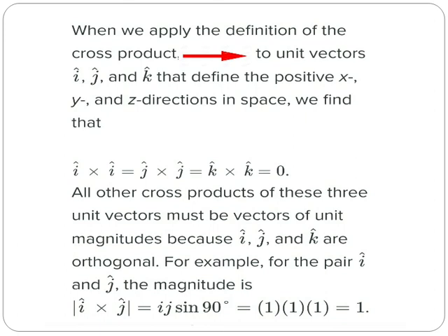All other cross products of these three unit vectors must be vectors of unit magnitudes because I cap, j cap and k cap are orthogonal.